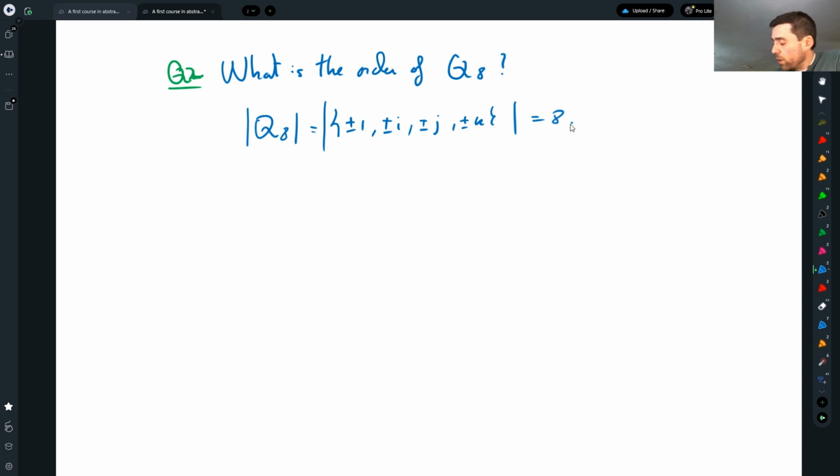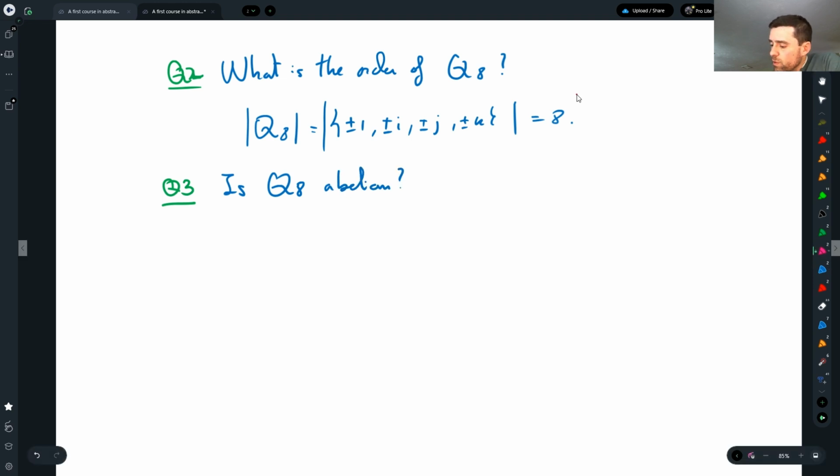Okay. We have also learned that there is a special type of group, which is the abelian groups. So is Q8 abelian? Oh, by the way, this 8 is 2 to the 3. And so this Q8 will be an example of what we call a 2 group.